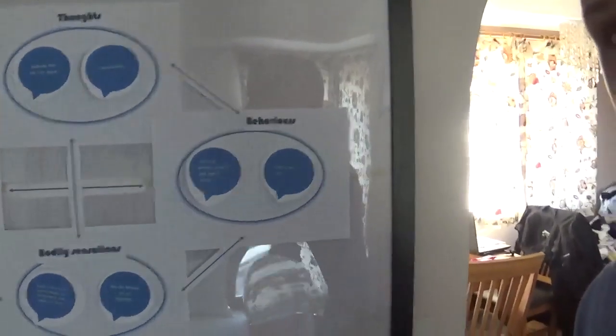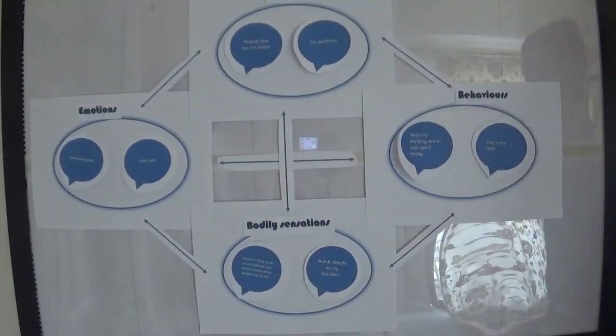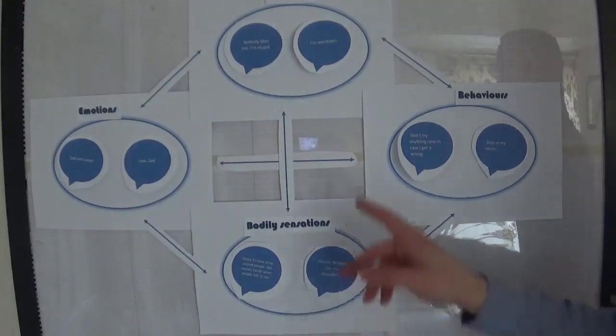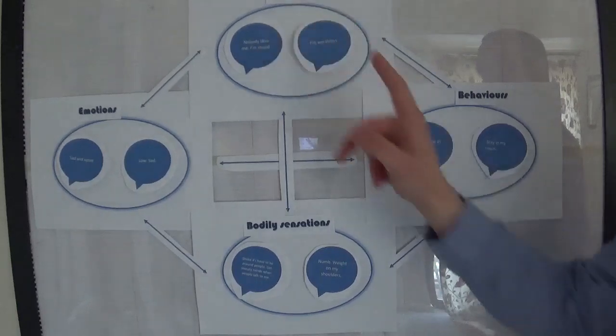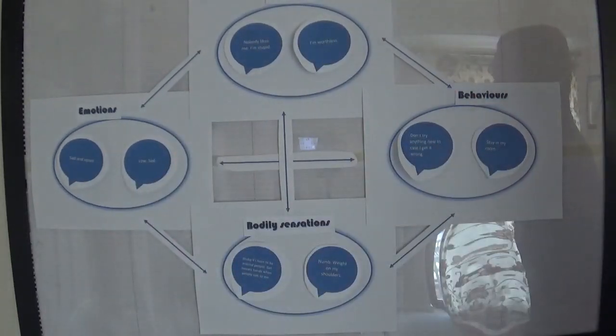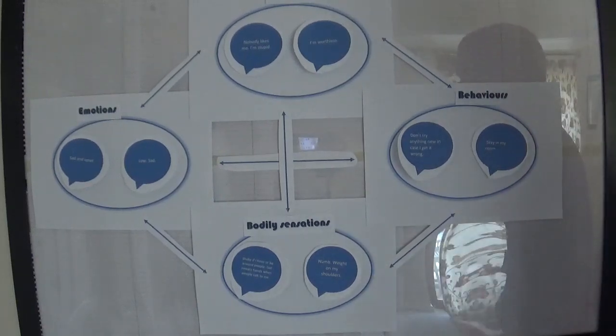So what I'm going to say now then, your task after this video is to create your own one of these. So draw it on a piece of paper, write down thoughts, behaviours, bodily sensations and emotions, and maybe think about a specific situation.